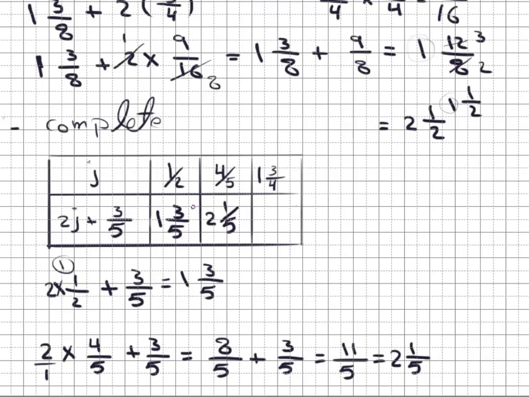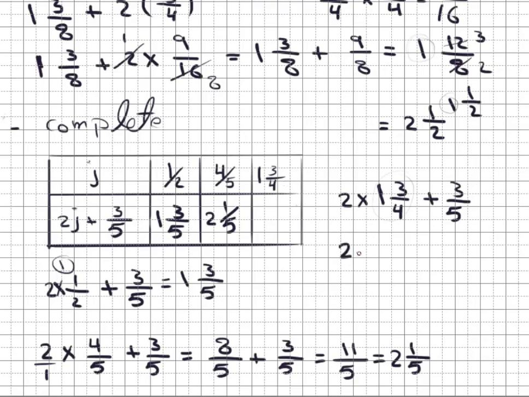The last part here, j equals 1 and 3 over 4. We can write again 2 multiplied by 1 and 3 over 4, then plus 3 over 5. Here we'll do the multiplication first, but to do multiplication, you have to change this mixed number to an improper fraction.